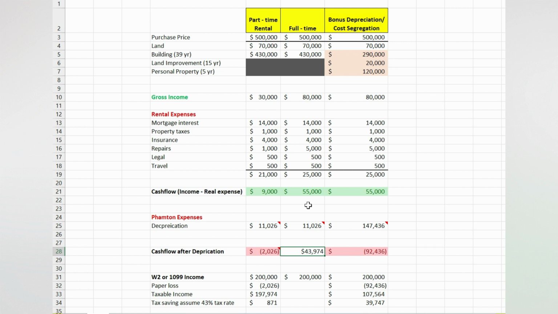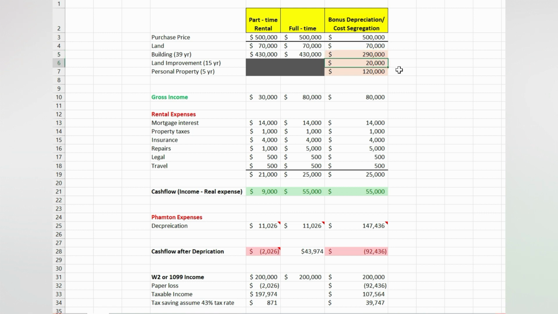So next, I'm going to show you the same scenario, but this time the short-term investor used cost segregation and bonus depreciation. So now, we still have the same purchase price, land, everything, but this time due to cost segregation, that $430,000 has been divided into 3 elements. The building cost is $290,000. Land improvement, which has a 15-year acceleration rate, is at $20,000.